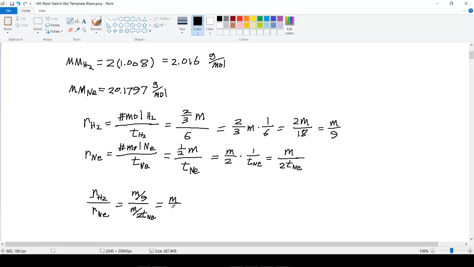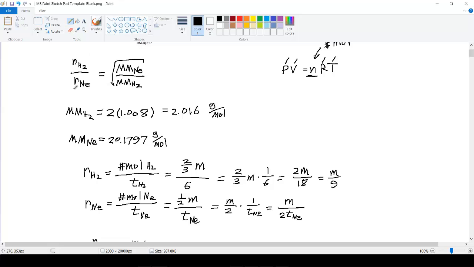So that's m over 9 times 2t ne divided by m. And this is why it was important that they both started with the same number of moles. The m's actually cancel out. You can just divide them out, and you'll end up with 2t for neon divided by 9.